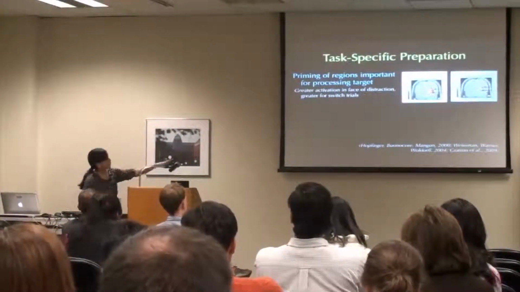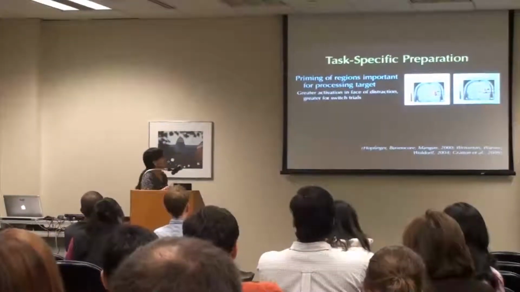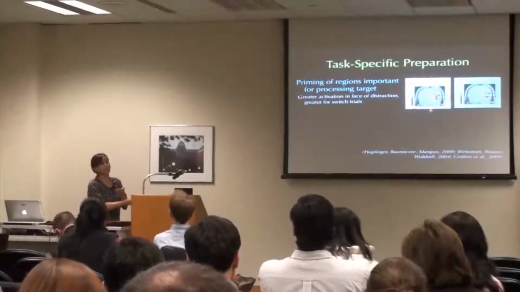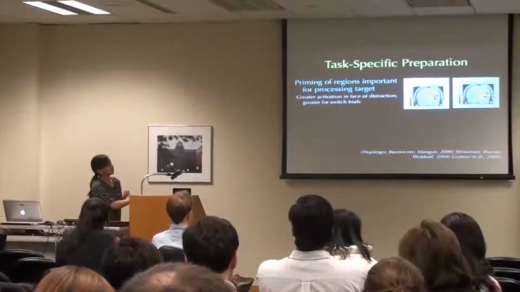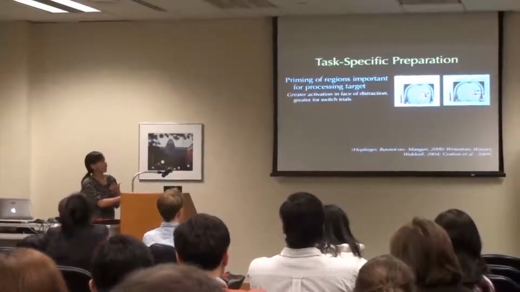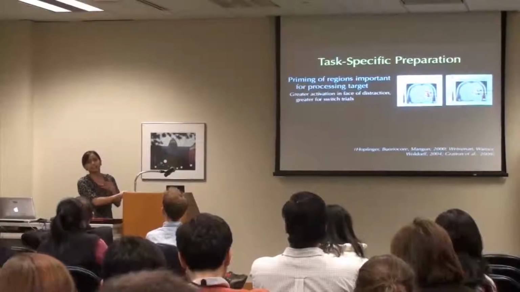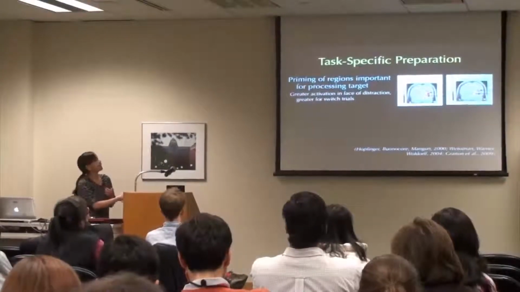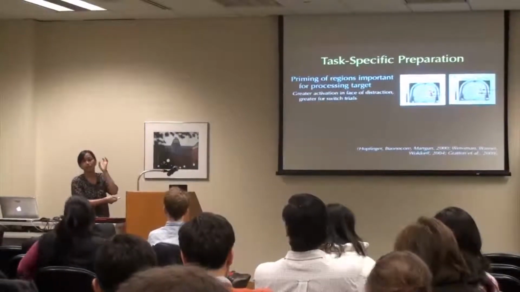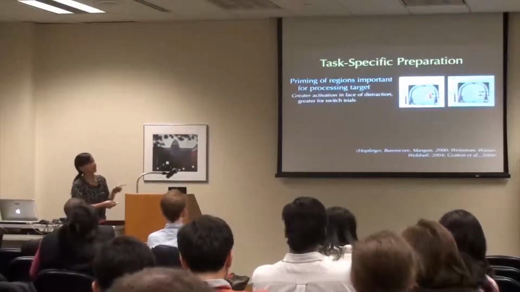In the first image I'm showing you sensory areas that are active when a stimulus is on the screen. And in the second image, what I'm showing are these same areas, but now they're also active when there's only a cue that indicates that this type of stimulus is going to appear. So the same areas that are active when the stimulus is on the screen are also active when there's a cue indicating these kinds of stimuli.